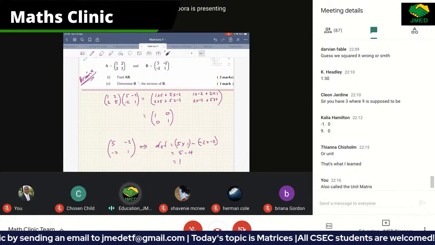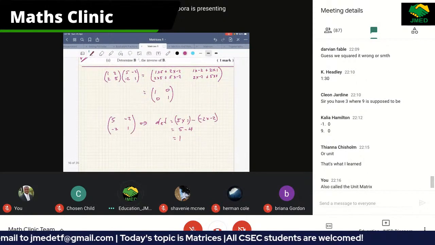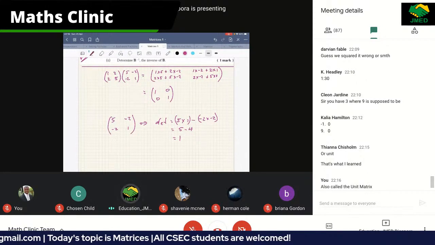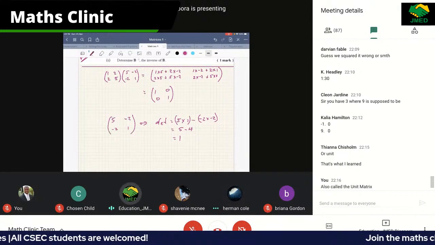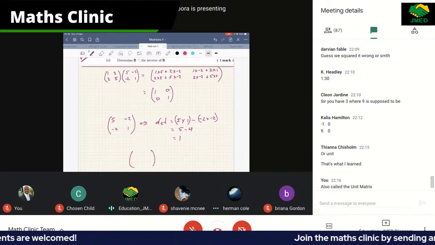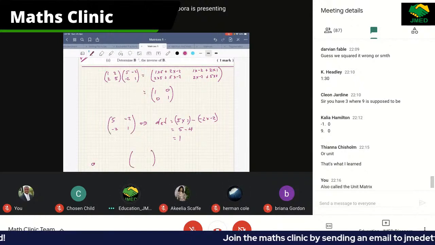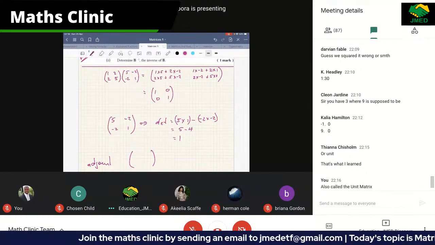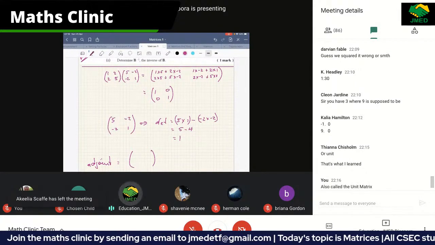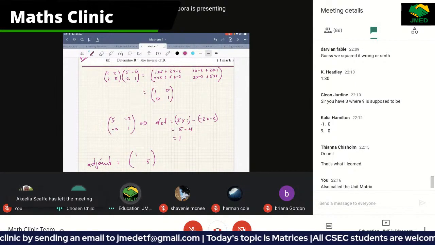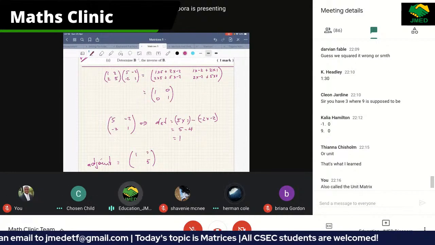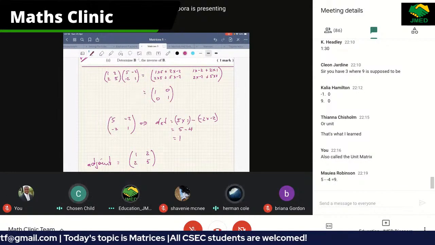And now we're going to work with the adjoint. The adjoint would be to switch the elements of the main diagonal, changing the sign of the minor.